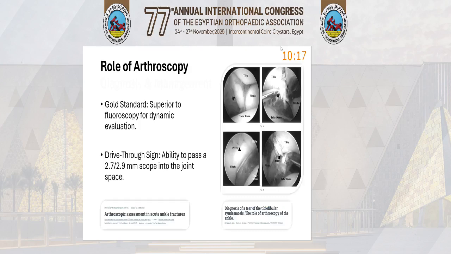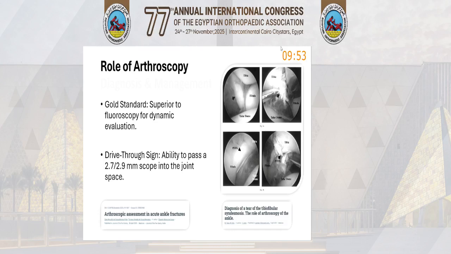The role of arthroscopy: it's the gold standard, superior to fluoroscopy for the dynamic evaluation of the syndesmosis. And there is the drive-through sign, where you are able to pass the 2.7 or 2.9 millimeter scope into the joint space, or you can introduce a blunt trocar into the syndesmosis area.